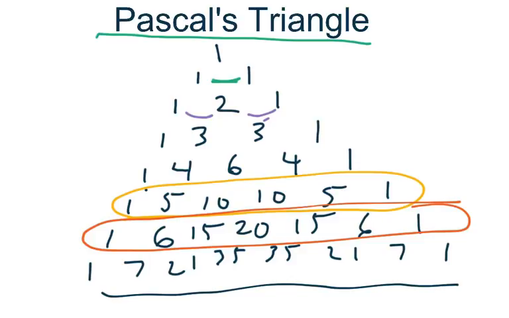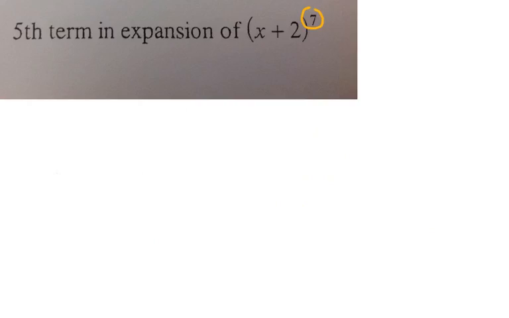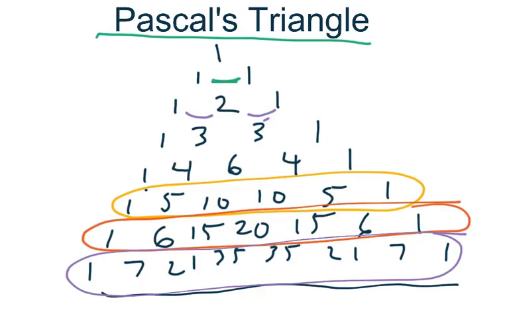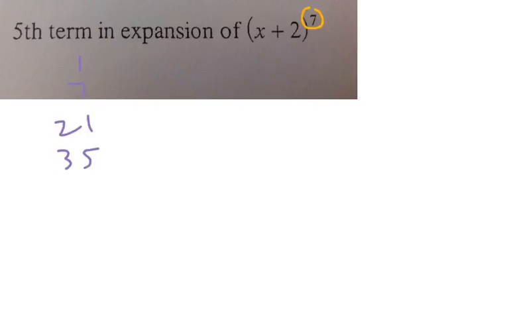Finally, I set up one more here, guys. And notice this one is the 7 power. Oh boy, that means we're going to have to use this last row here, right? So 1, 7, 21, 35, 35, 21, 7, 1.